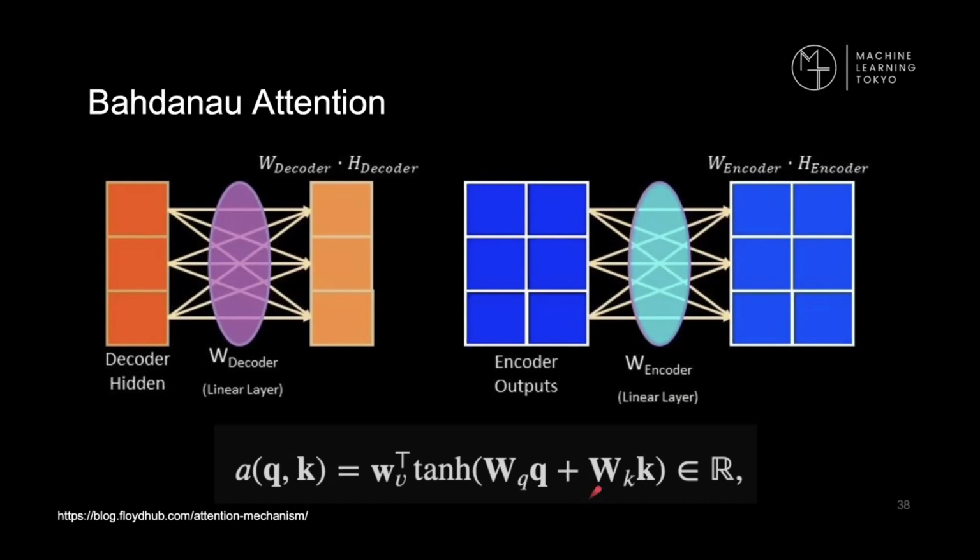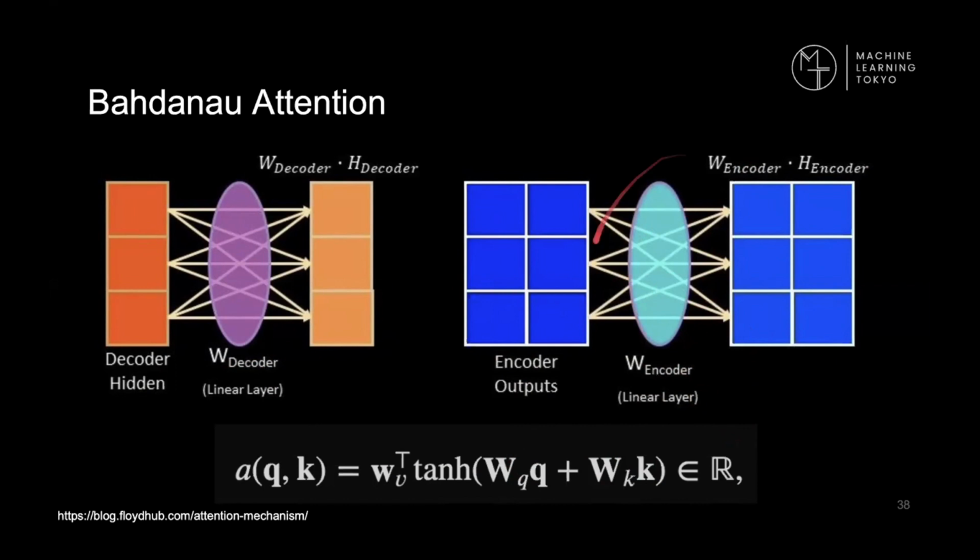You again apply a multi-layer perceptron over here, which is W_K, and you map them so that they're in the same dimensions. So your Q and K are the decoder hidden state and all the hidden states coming from the encoder. My query is the decoder hidden state. I want to see, based on my hidden state, how I should weigh all the input encoder hidden states. That's what we are doing over here.